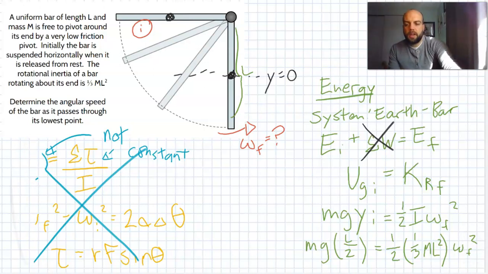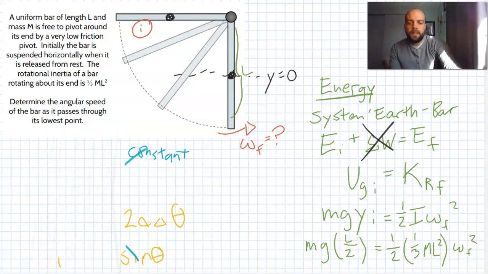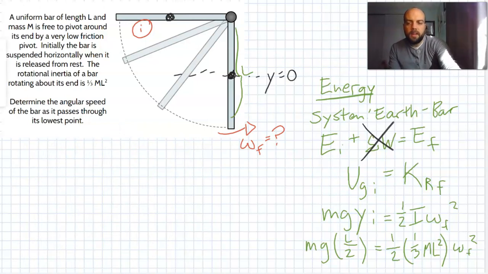We can express our answer in terms of the given variables, which are m and L and any fundamental constant. And let me rewrite that over here for clarity. And we have turned a complex physics problem into an algebra problem.